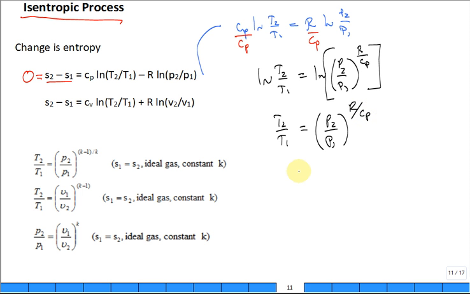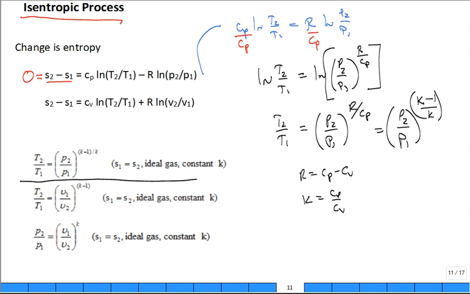You recall that R is equal to C sub P minus C sub V, and that k is C sub P divided by C sub V, and you can re-express that exponent as (k minus 1) over k. And here is that same equation in your equation sheet. There are restrictions.